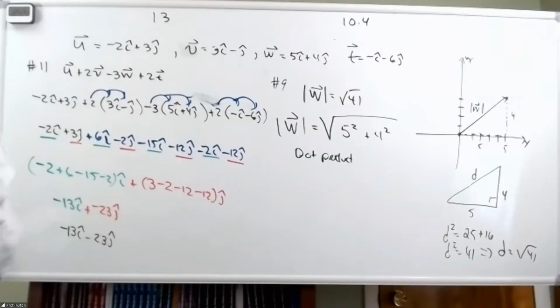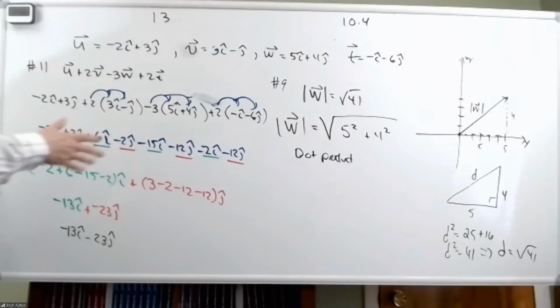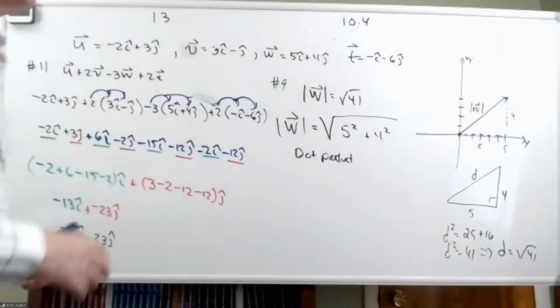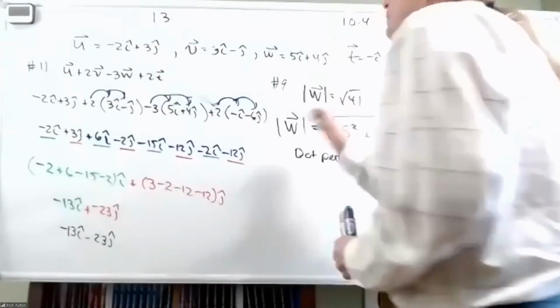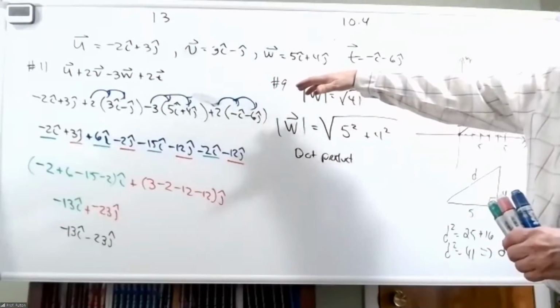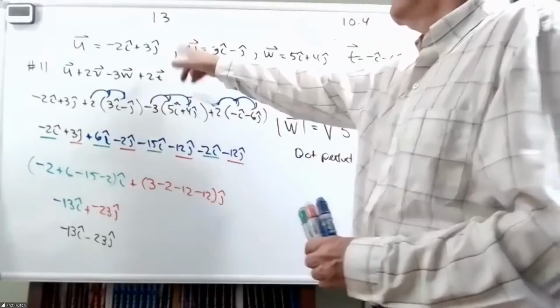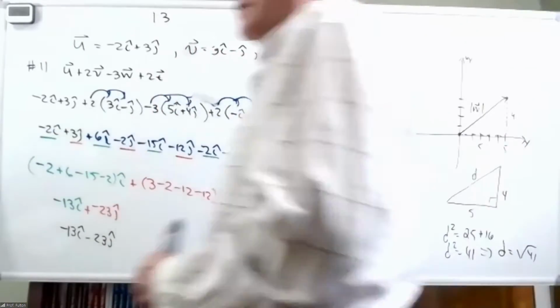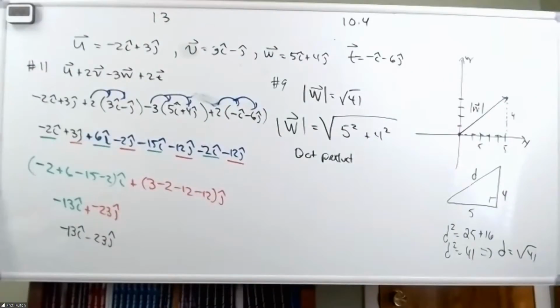So that's it. You probably got it correct, but now you can see exactly what is what there. Make sure I got everything there too. Right. Make sure I didn't miscopy something there. Double check on that. u plus 2v minus 3w, plus 2t. Yep. So that's correct.